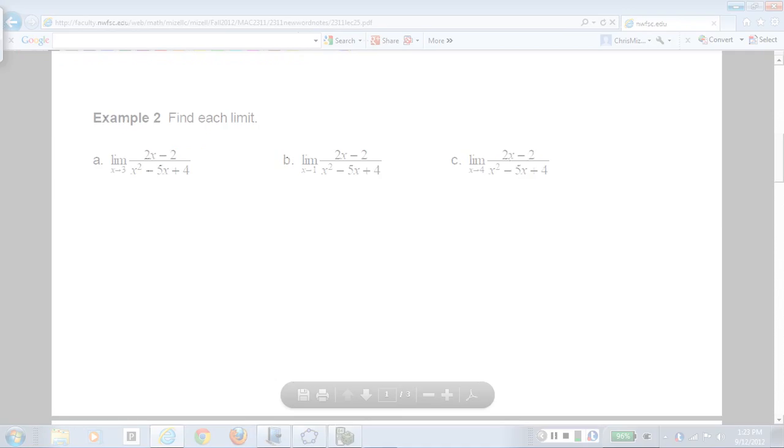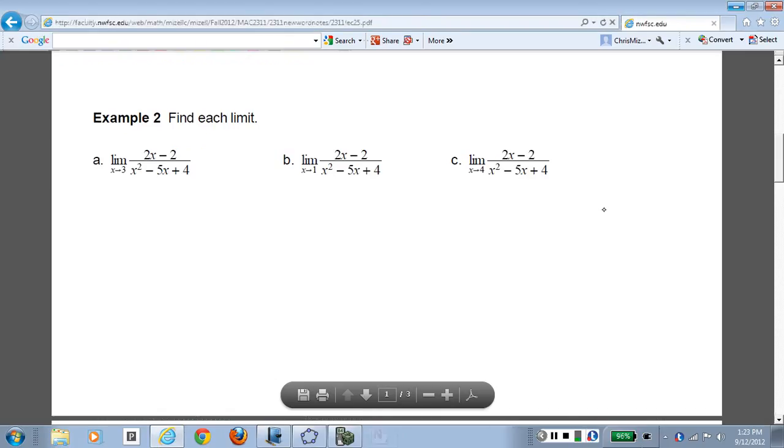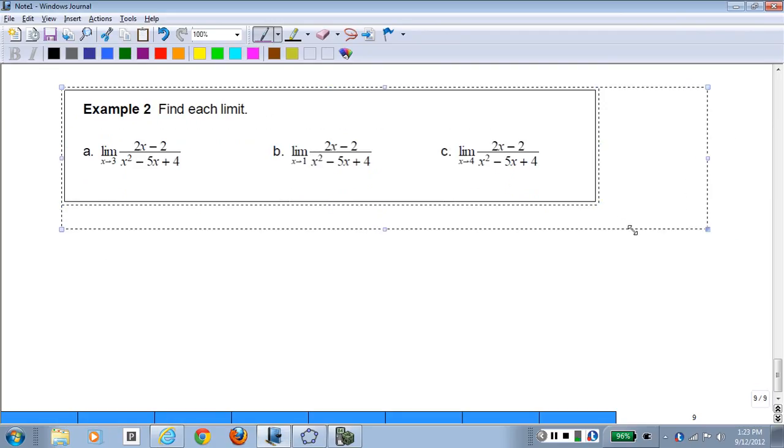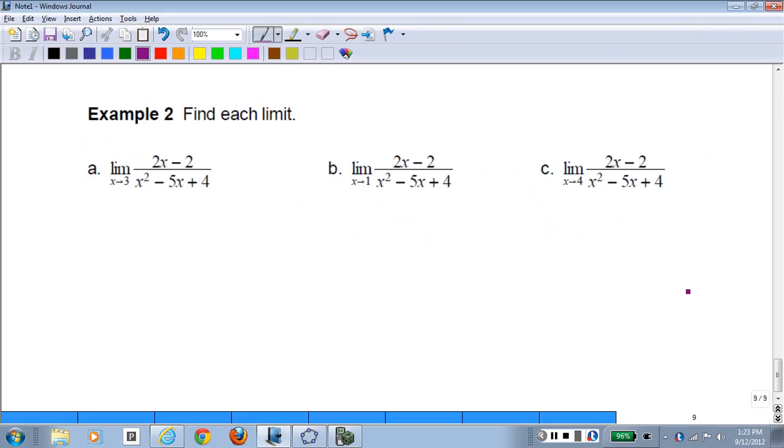Example 2. In the past, when this section has gotten included on the first test, the main limits test, I'll usually put a problem like this on there, where I think the first one, you just plug in the 3. The second one, you factor the numerator and denominator and divide out the x minus 1.